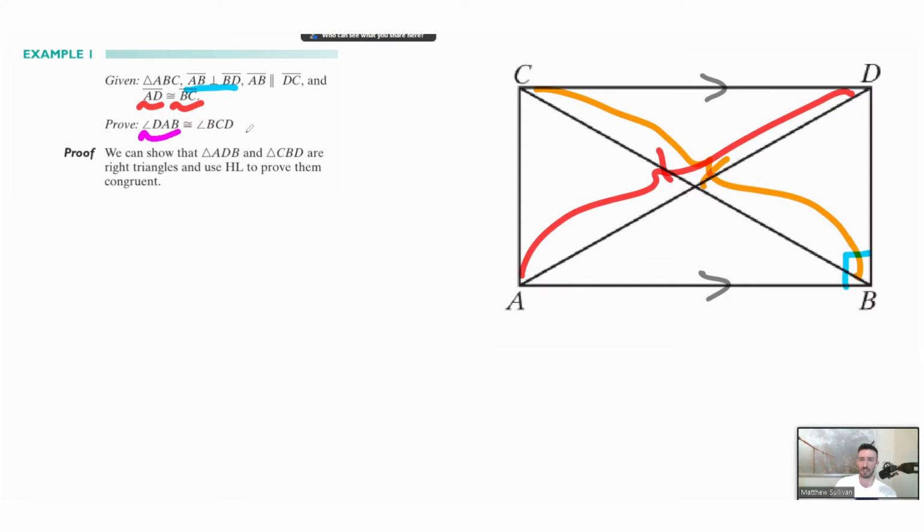They're trying to get us to prove that DAB, which is over here, is the same thing as BCD. And BCD would be up here. Okay, so in order to prove those, let me just make sure we got the right one. DAB and BCD. All right.